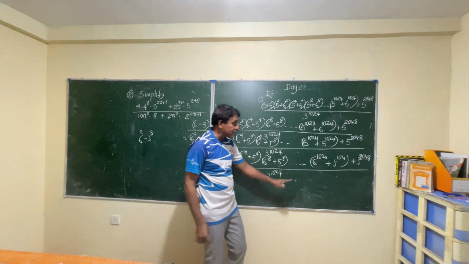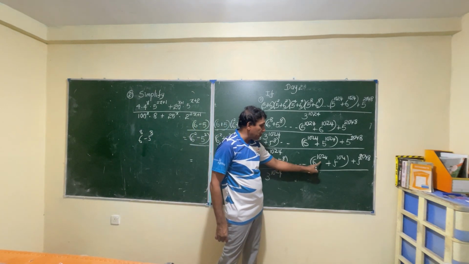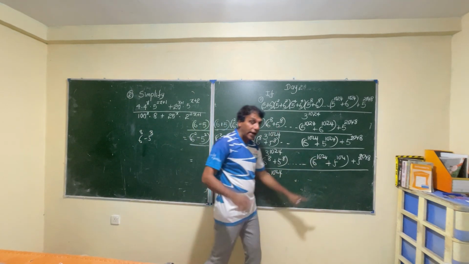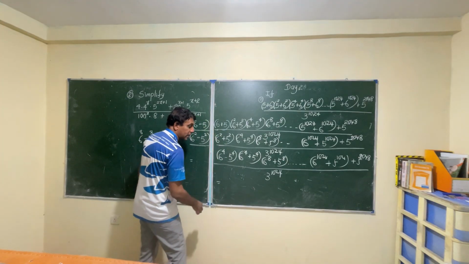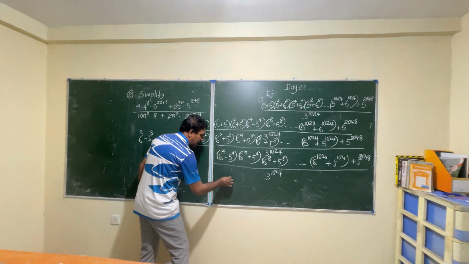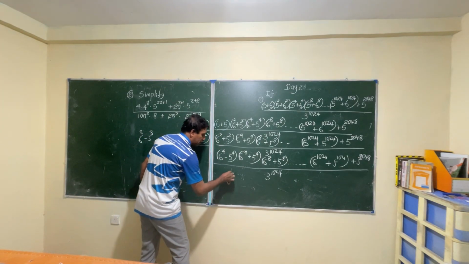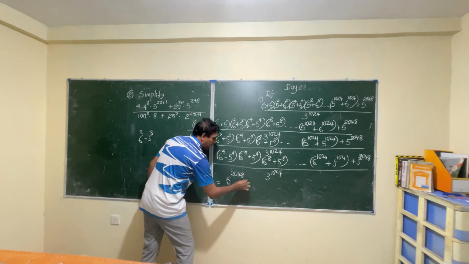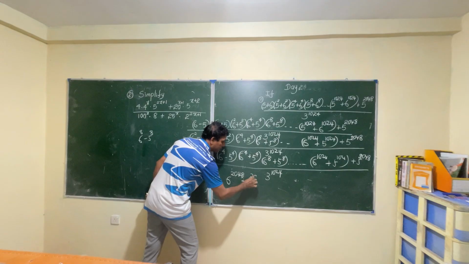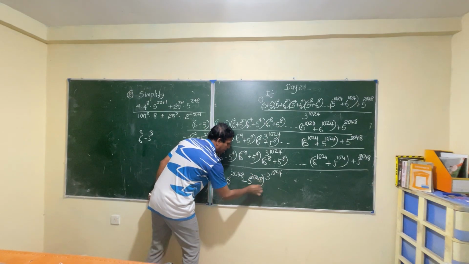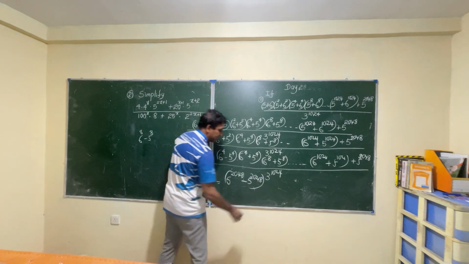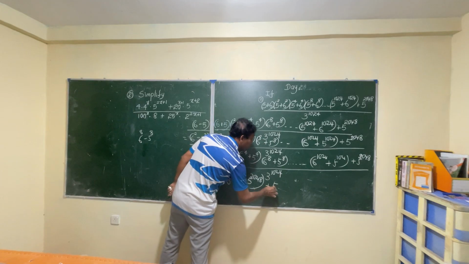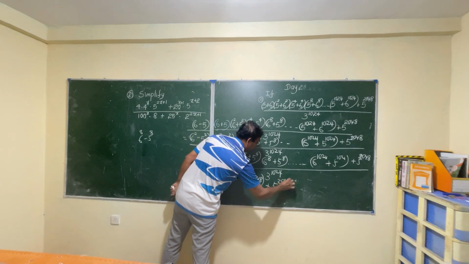At last there's a term 6 to the power 1024, I write that one. Then finally what happened? 6 to the power 2048 minus 5 to the power 2048. Okay, can you see this? Plus 5 to the power 2048.